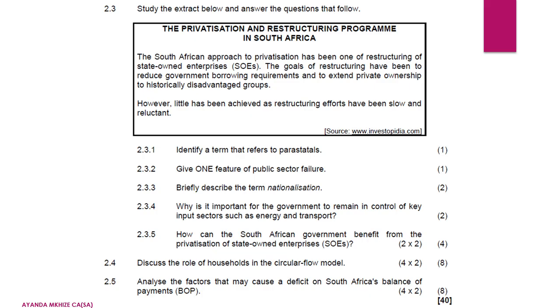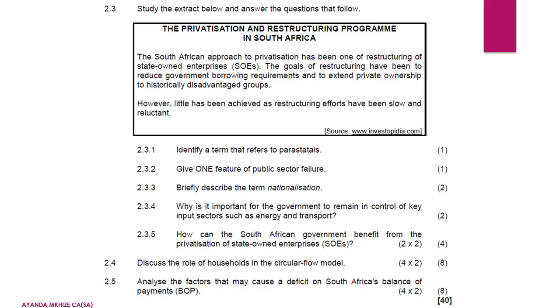An additional reason is to ensure ownership by historically disadvantaged groups, which is generally black individuals. They are saying that with all the efforts they put in, there is still a battle in achieving the full potential of this restructuring effort.